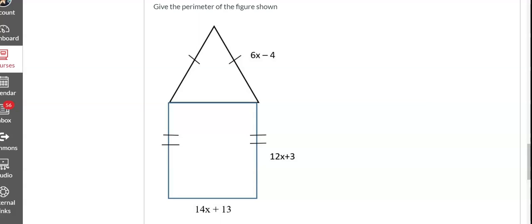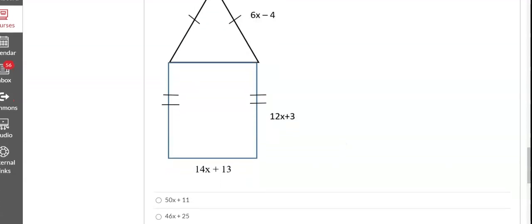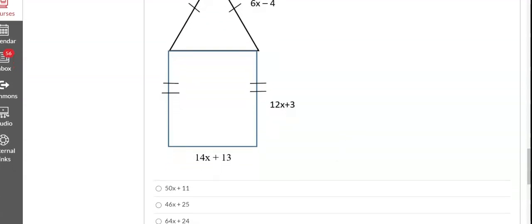You got those two lines. That means that the other side's also 12x plus 3. And you got 6x minus 4 at the top. The side on the left is going to be 6x minus 4. I can add those two. I can combine all the terms that have an x and all the whole numbers, and that would give me my final answer. So I'm just finding the perimeter, adding up all the sides, essentially just combining like terms.